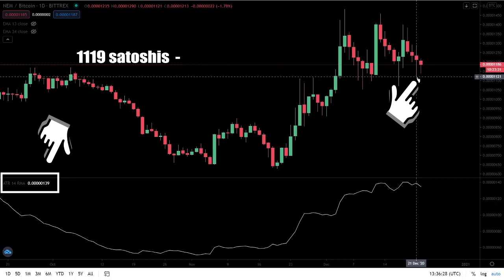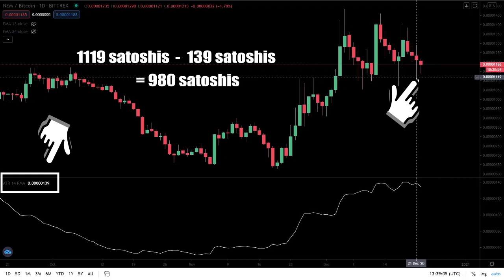In this case, it's gonna be 139 Satoshis. So the lowest price on the range minus the value given by the ATR. So 1119 Satoshis minus 139 Satoshis equal 980 Satoshis.